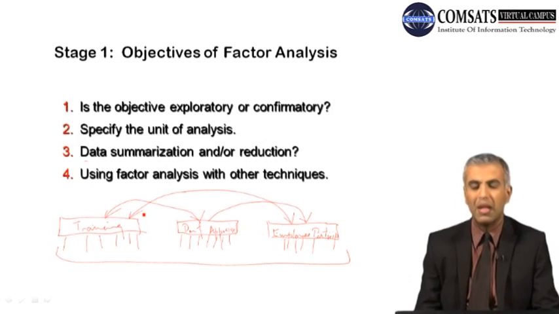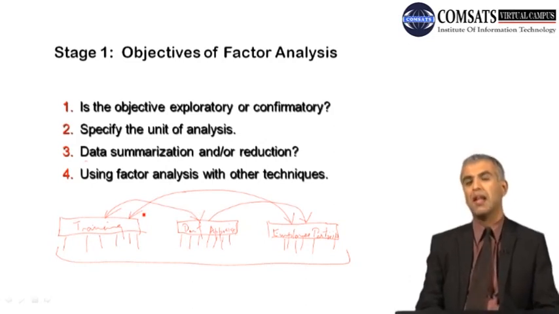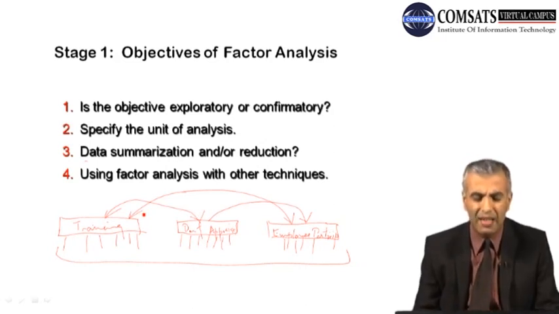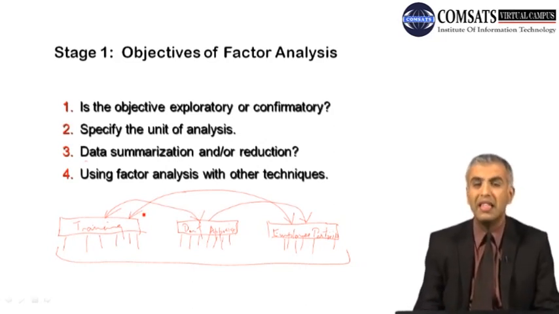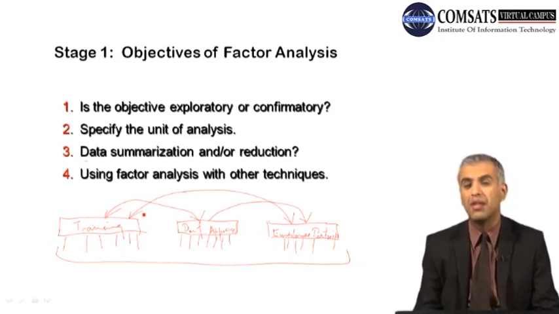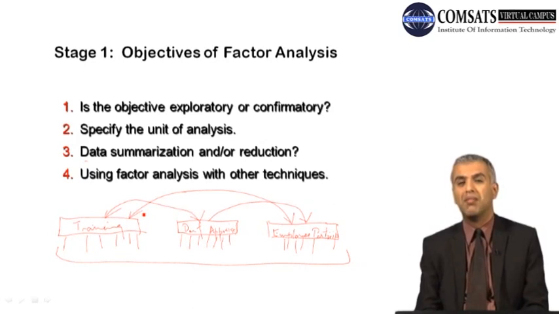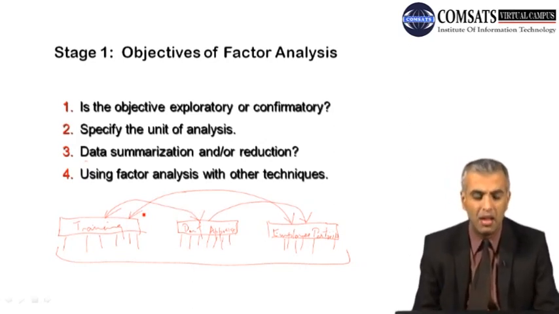So that's the main logic behind experimenting with exploratory factor analysis and then applying confirmatory as well. That approach is called the EFA to CFA approach, which means we apply both methods.